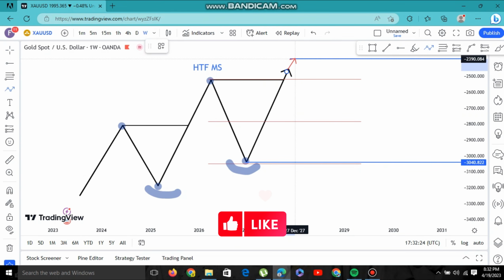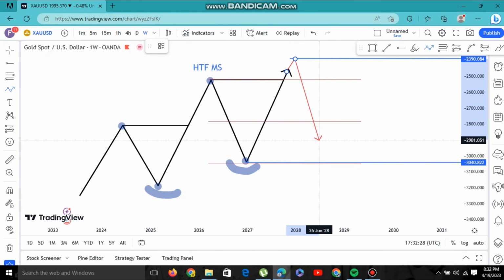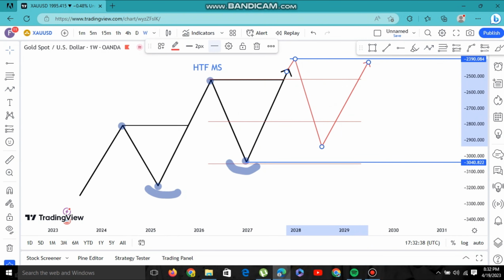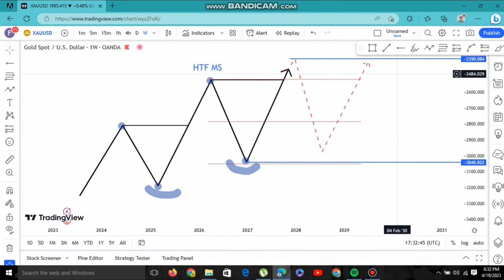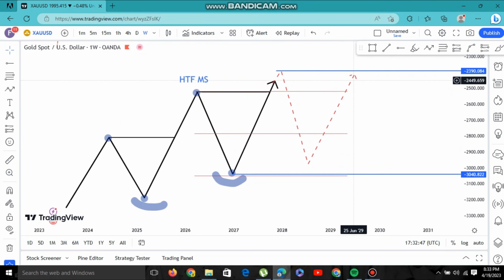Let me continue this with another arrow, and then we want to anticipate another move that might happen like this, and will later on give us another break of structure to the upside. So let me make this dotted so that you can see that this is just an anticipation. It hasn't happened yet, but that's how we hope the market should happen.